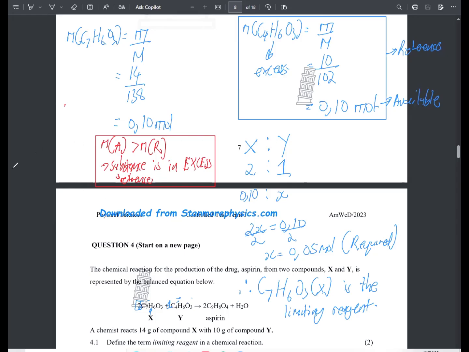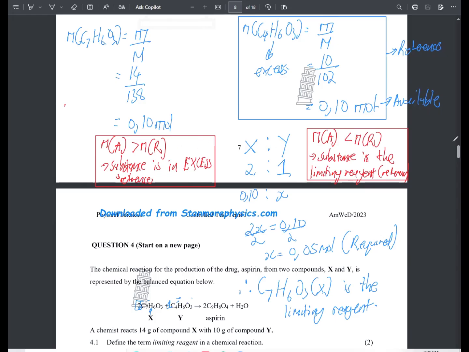Again, if it is the opposite, and we find that the number of moles available is less than the number of moles required, then that particular substance is the limiting reagent, which still we are talking about your reference, right?